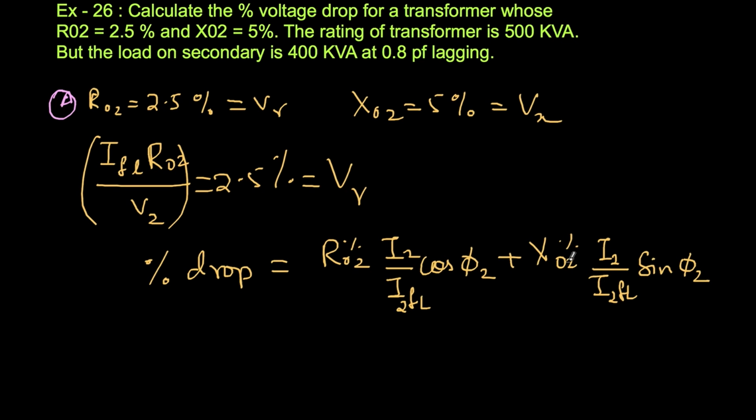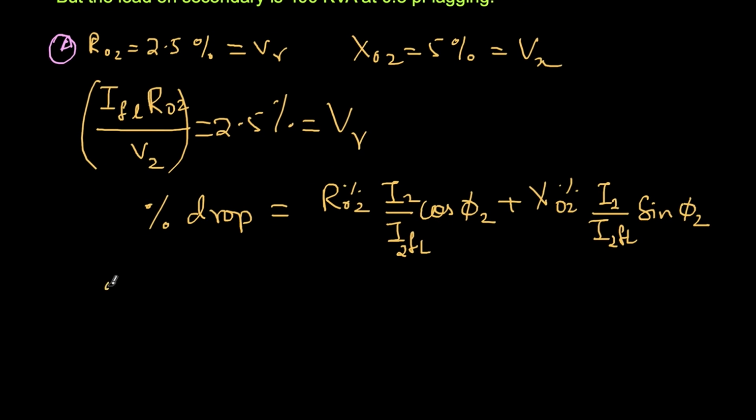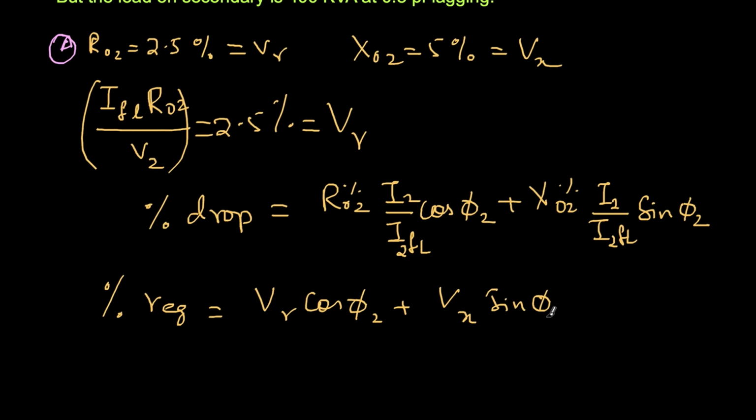Let me show you how I got this formula. Normally, what is the percentage regulation? Percentage regulation is VR into cos phi 2 plus Vx into sine phi 2. But percentage regulation is only defined at full load, and now I want the percentage drop at partial load.